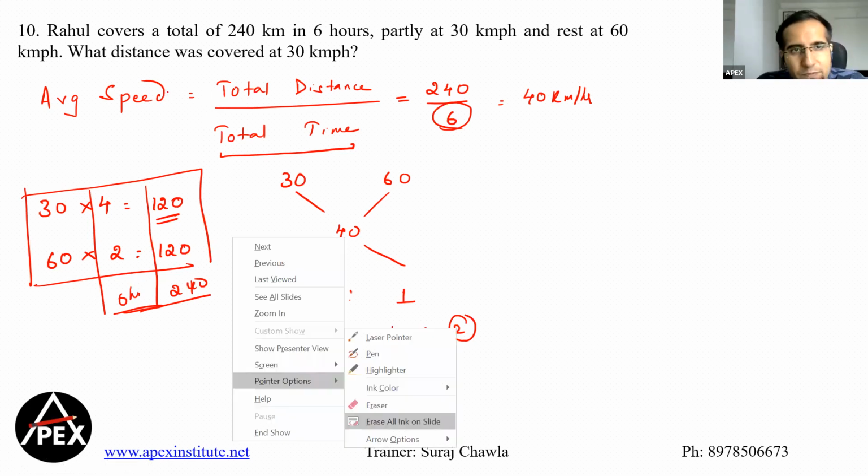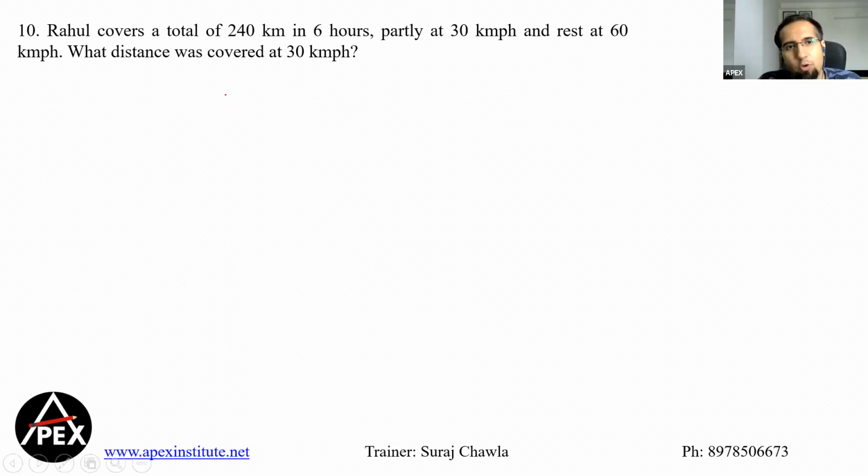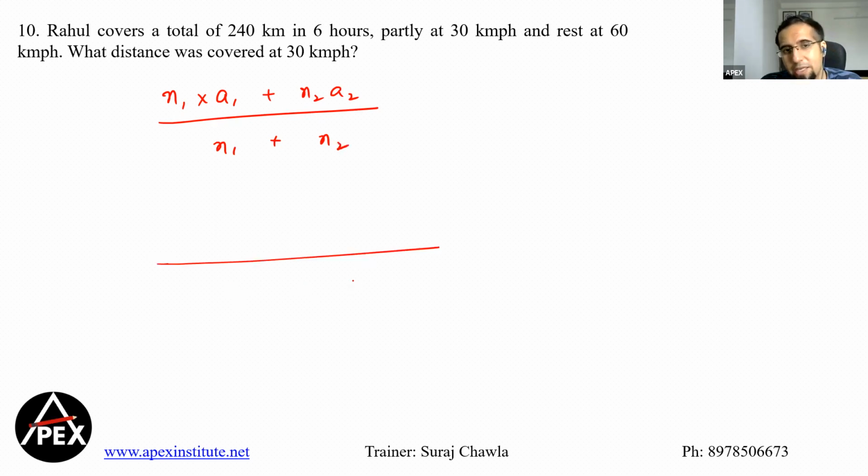So the ideal formula of alligations is (N1 into A1 plus N2 into A2) by (N1 plus N2). Now let's see. Total distance by total time. Time taken is T1 plus T2. Now distance, can I say, is S1 into T1 plus S2 into T2.